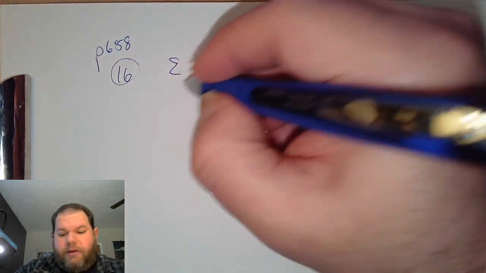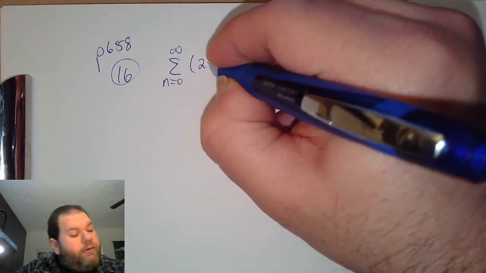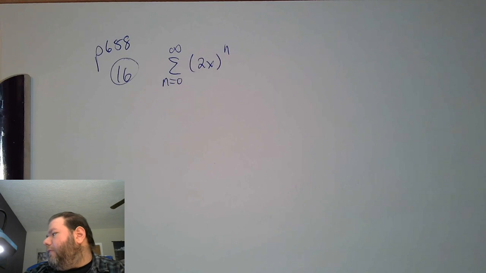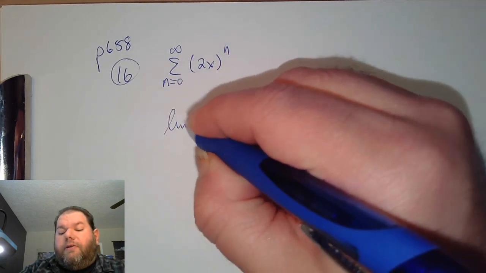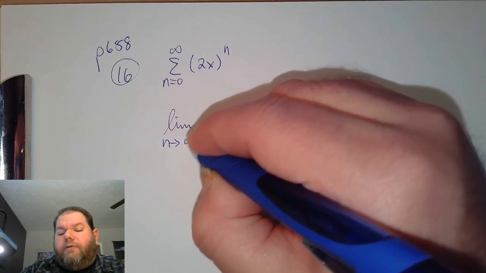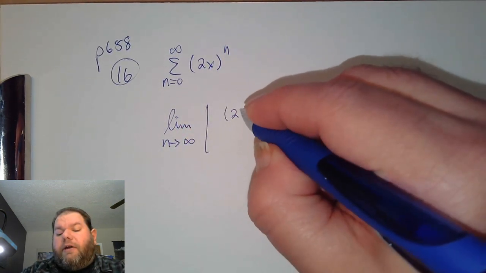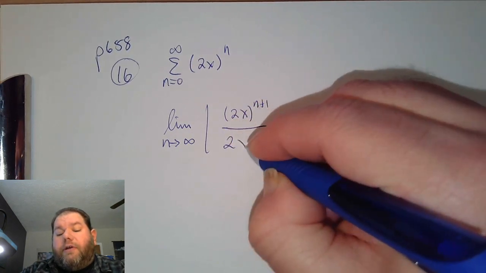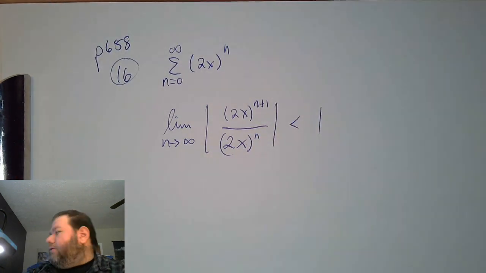We have the sum from n equals 0 to infinity of 2x to the n. So that means we have the limit as n goes to infinity of the absolute value of 2x to the n plus 1 over 2x to the n, less than 1.